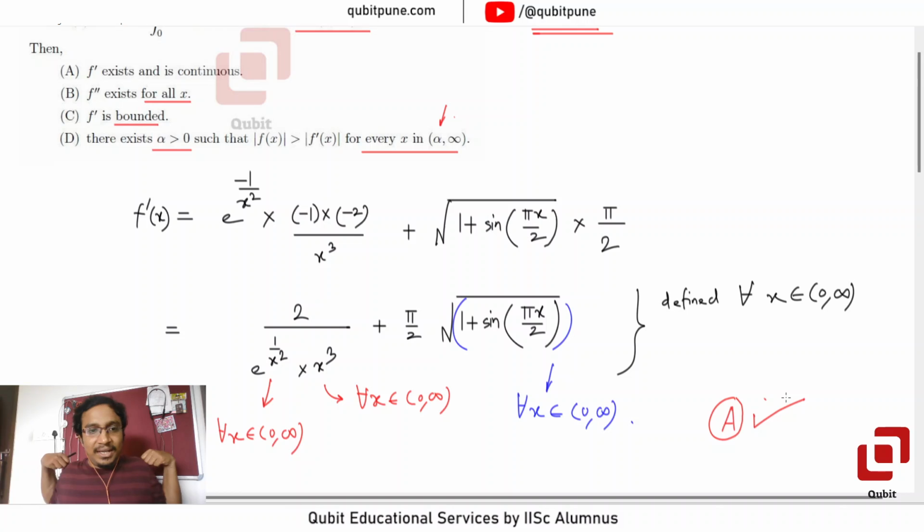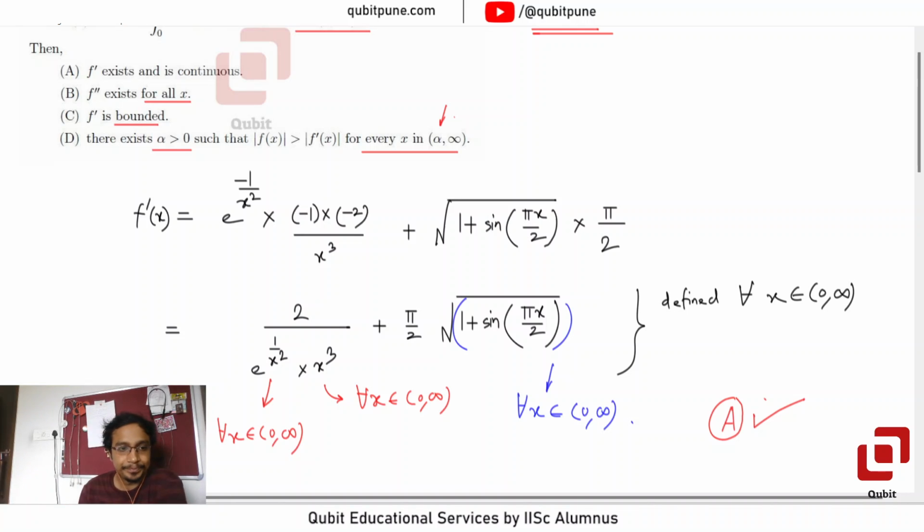What do you think can we say about option C? Is it bounded? As in, can we find out a real number and say that f dash of x always remains less than that? No, sir. No?